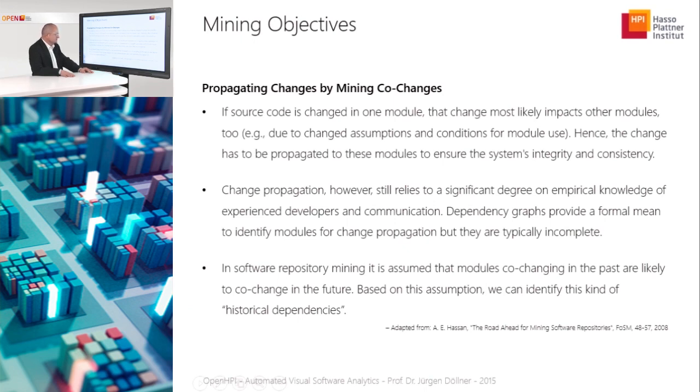So what you see here is that looking back in the past and analyzing changes and co-changes gives a kind of prediction about future co-changes that might be necessary. Once again, in contrast to software quality metrics, this is an approach that is empirically based because it looks back, taking into account data stored in software repositories.